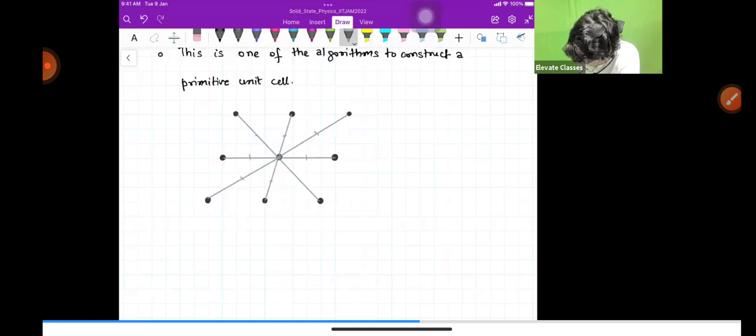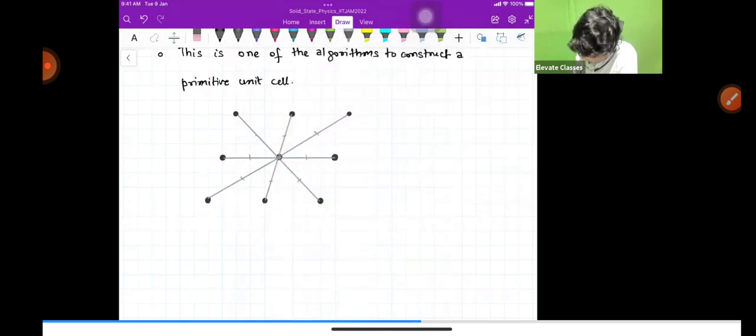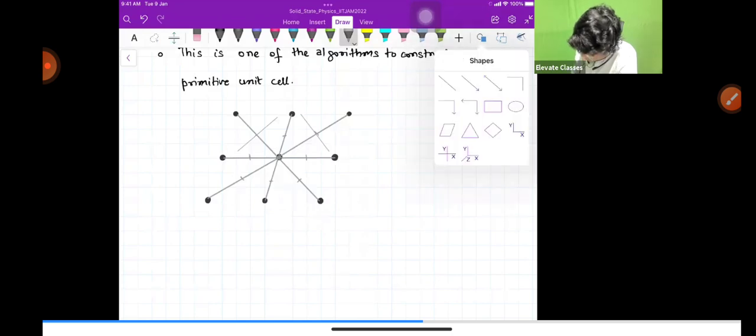Get the midpoints and then draw the perpendicular bisectors. Draw it perpendicular to this.